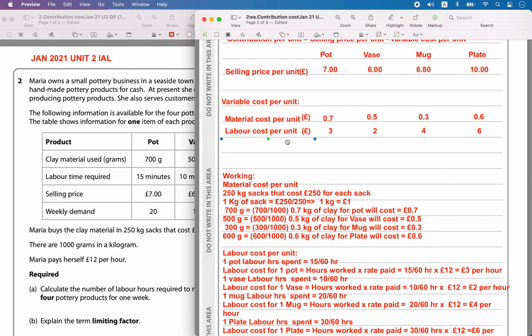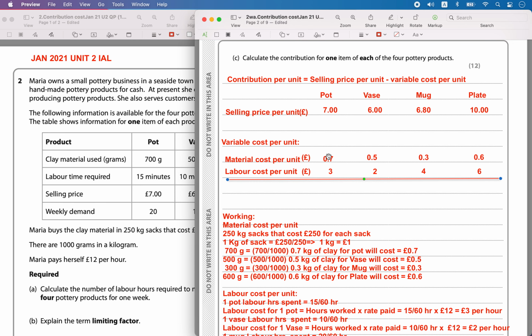Now let's calculate the contribution cost per unit. Contribution cost for 1 unit. For the pot, that is 7 minus 0.7 minus 3, which is equal to 3.30. Then for the vase, it is 6 minus 0.5 minus 2, so that is equal to 3.5.